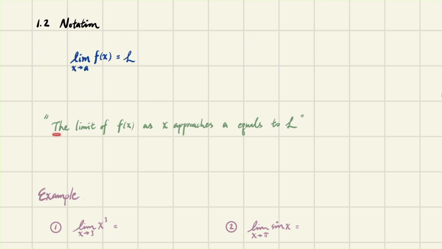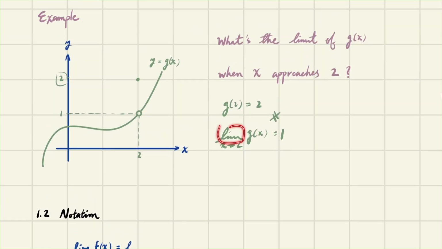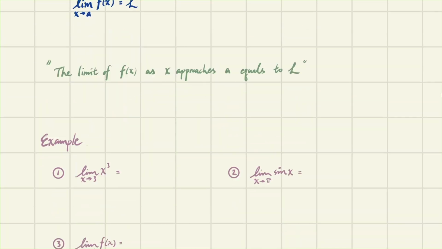The limit of f of x as x approaches a equals L, the value that we got here. So the same with the example: the limit of g of x as x approaches 2 equals 1. Same thing. So let's look at some examples.